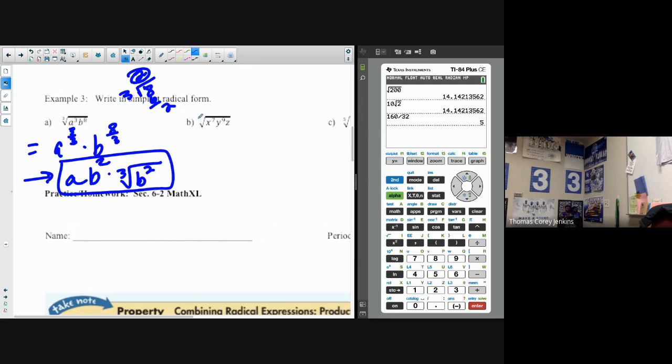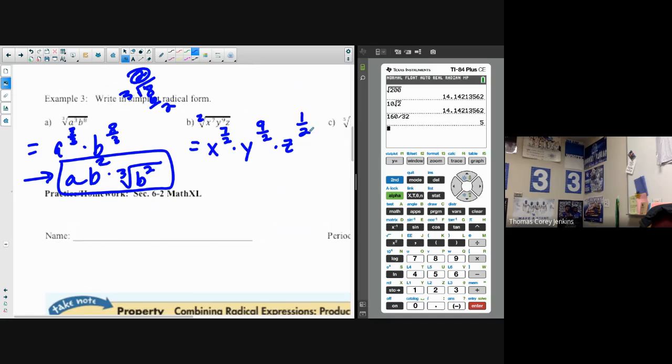So next one, we have the square root of x to the 7, y to the 9, z to the 1. Remember my index here is 2 if nothing's written there. So we have x to the 7 over 2 times y to the 9 over 2 times z to the 1 over 2.